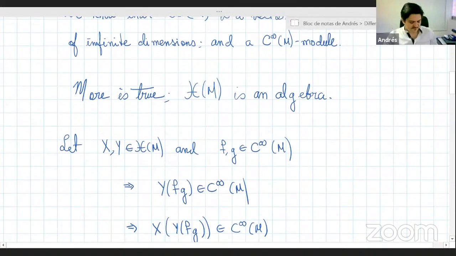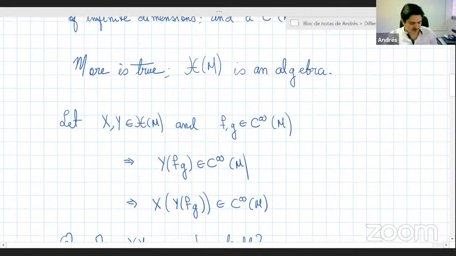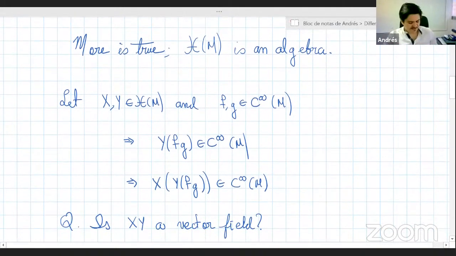So now, here I'm just saying exactly the same. This is a vector field. This is a smooth function. So I have a function. Now let's see what happens with the product, in quotes, of two vector fields. So we would like to see if this is a vector field.